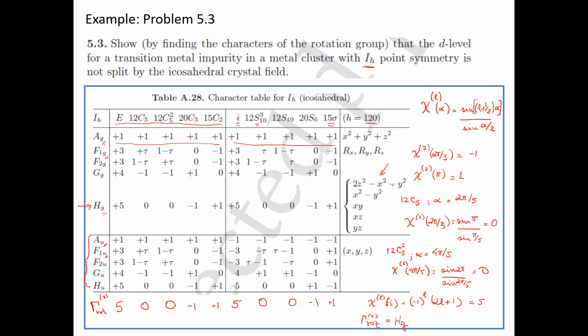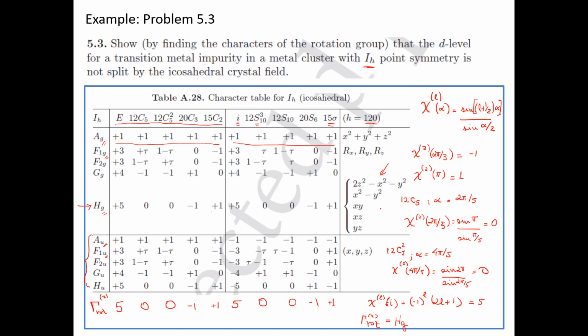Another way to see that is by looking at the basis functions. If you remember, the basis functions for D orbitals, you can rewrite spherical harmonics in real form as a linear combination of spherical harmonics.